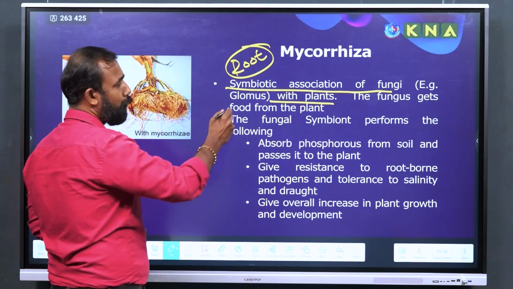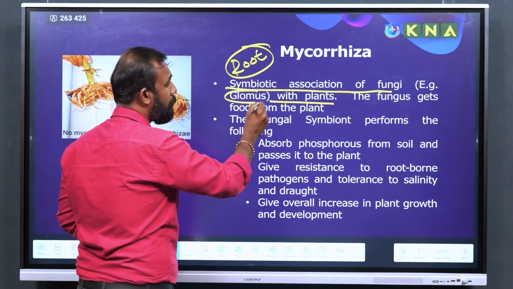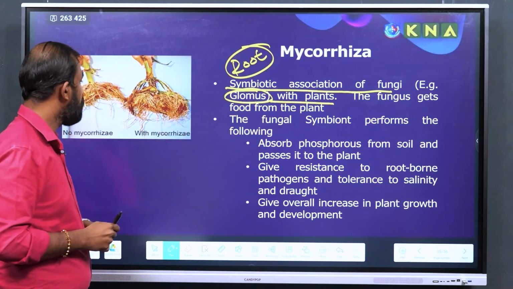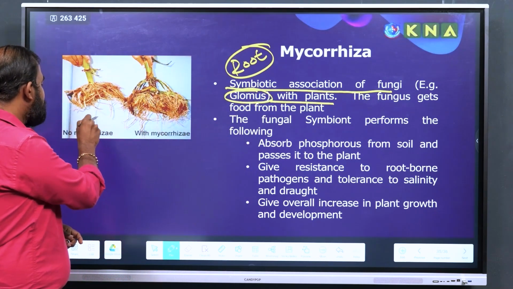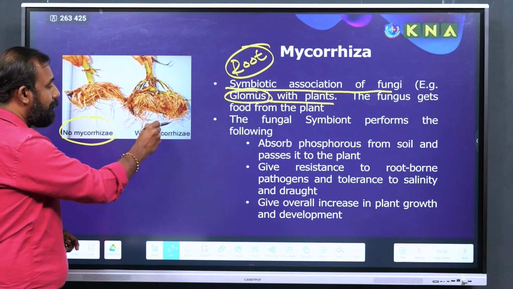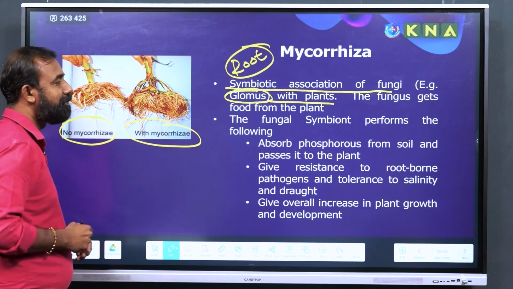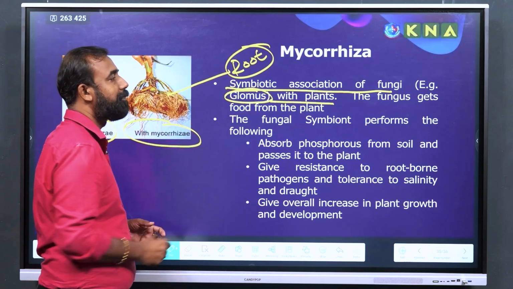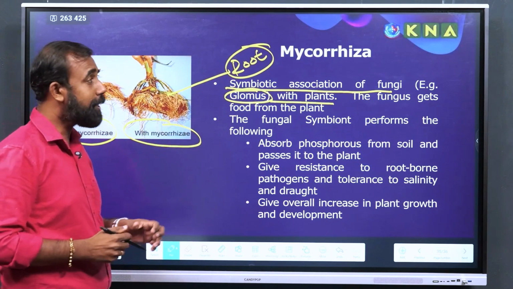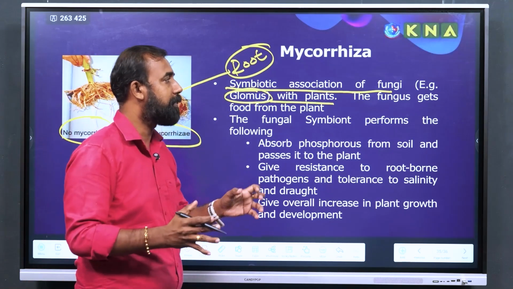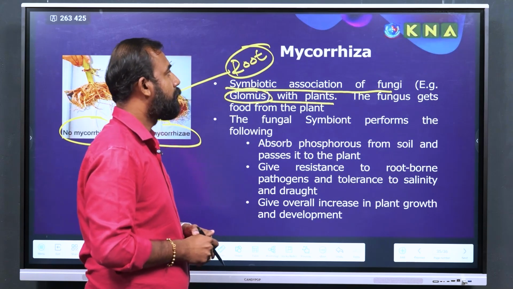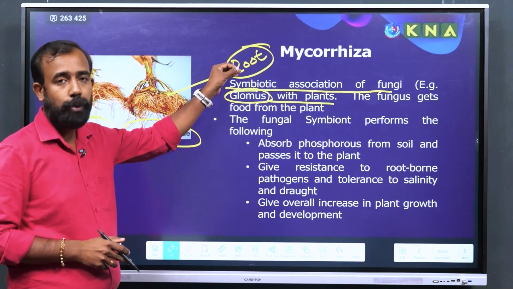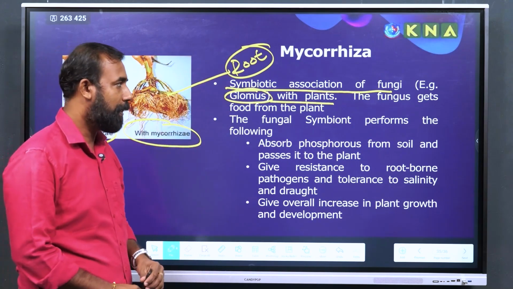Especially which fungus? Genus Glomus. So generally mycorrhizal association is found where? In the root. Clear? So it is a symbiotic association of fungi with plants. Generally, this association is found in the roots of higher plants.